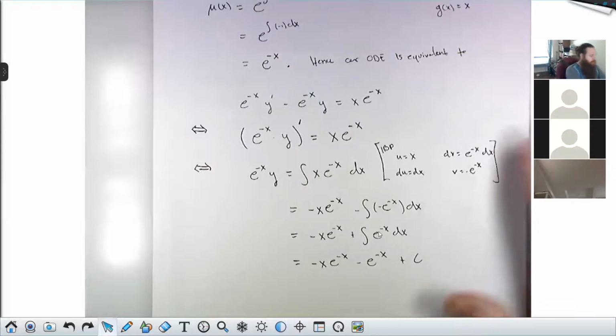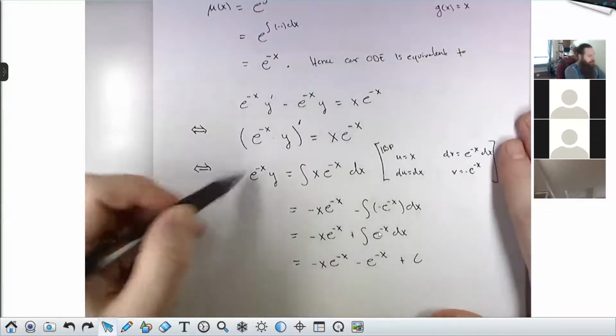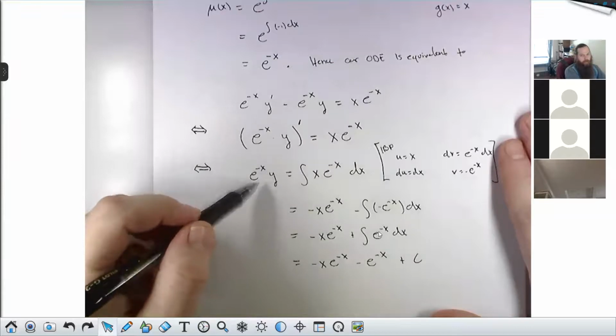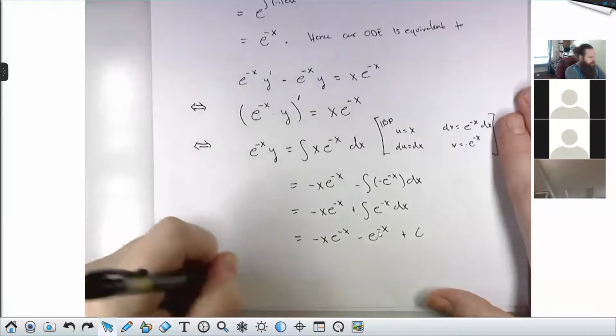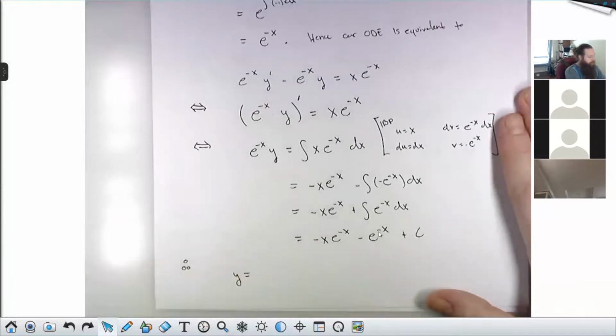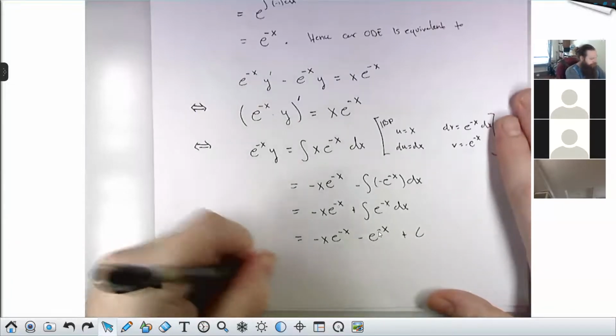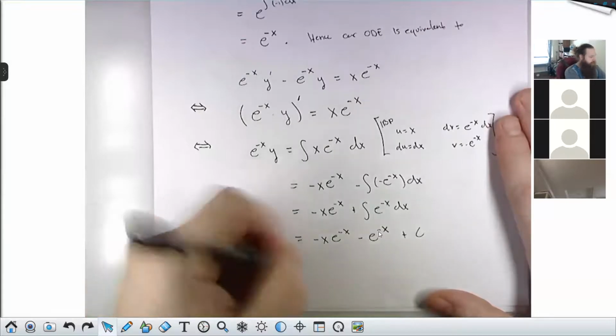Okay, then I'll solve this equation for y by dividing both sides by e to the negative x or multiplying both sides by e to the x. Therefore, y is equal to e to the x times this whole thing.